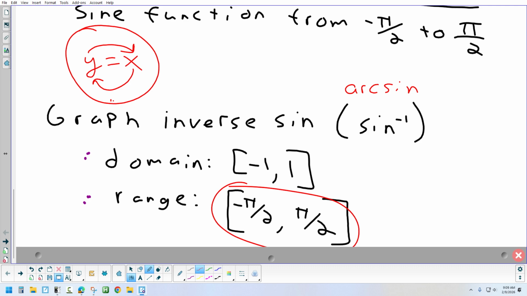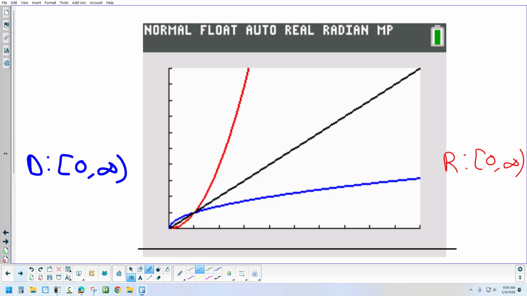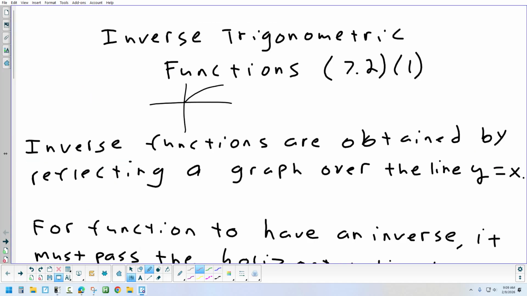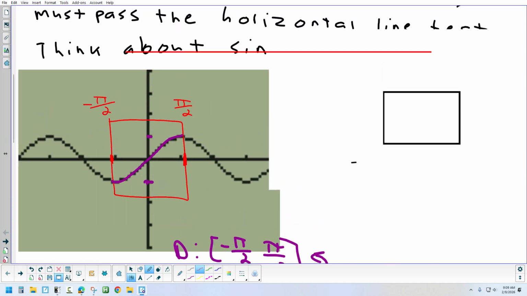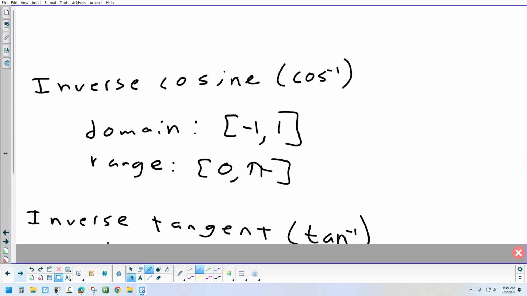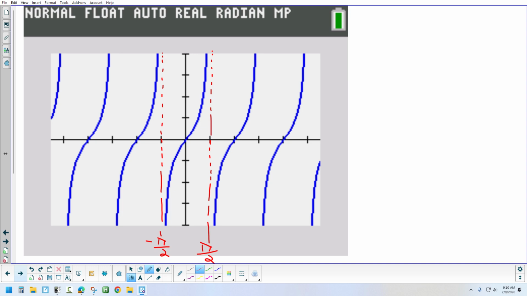Is it the same the way we did it before? Just -π/2 to π/2 like that? Yeah? Right, you can't include them. You could include the -π/2 and π/2 when we did sine, because this is a connected graph. At the edge, that's not an asymptote. That was just our stopping point. But it does keep going. With tangent, that is an asymptote.